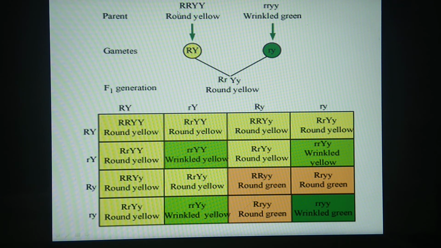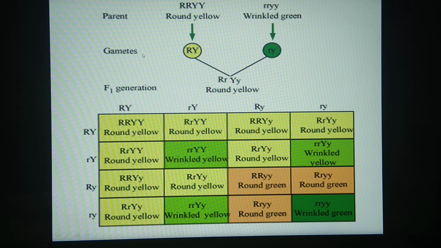Once again, the parental generation has round yellow seeds, and the second parent has wrinkled and green seeds. Here the genotype is capital R, capital R, capital Y, capital Y, and here it is small r, small r, small y, small y. So this is the homozygous condition for the dominant characters, and this is the homozygous condition for the recessive characters.